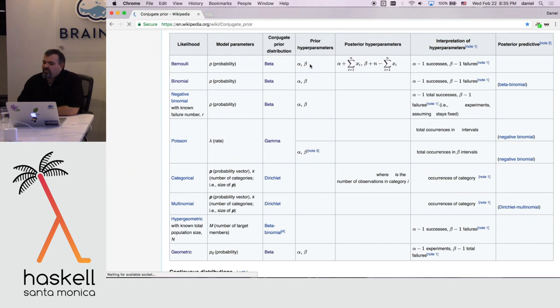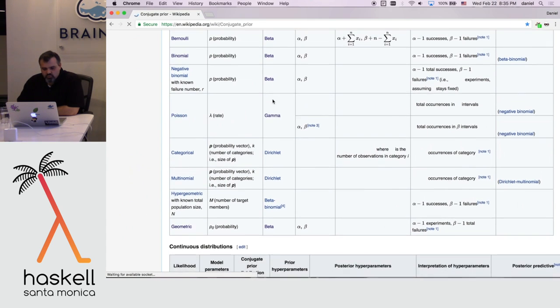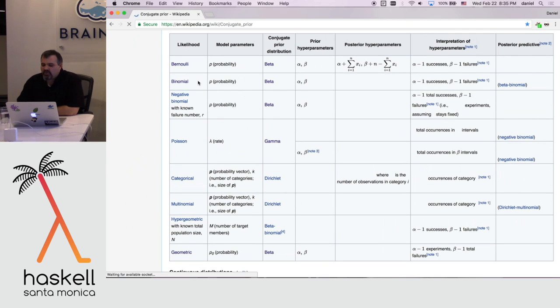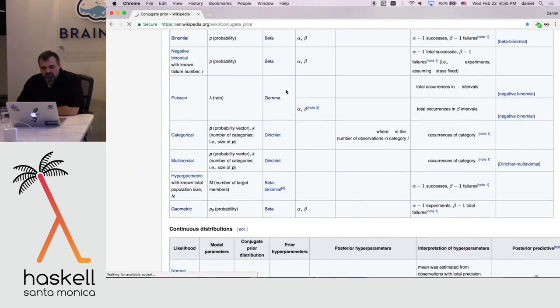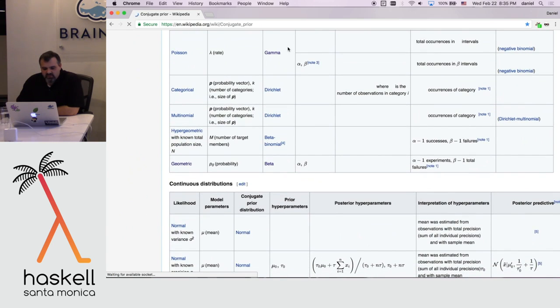So what are the hyperparameters? The hyperparameters are the parameters of our beta distribution, which models the parameter of the Bernoulli distribution. So we have the interpretation of the hyperparameters. Bernoulli and binomial are very much linked, so I'm not really surprised that beta is both of their conjugate priors. Poisson is gamma distribution.